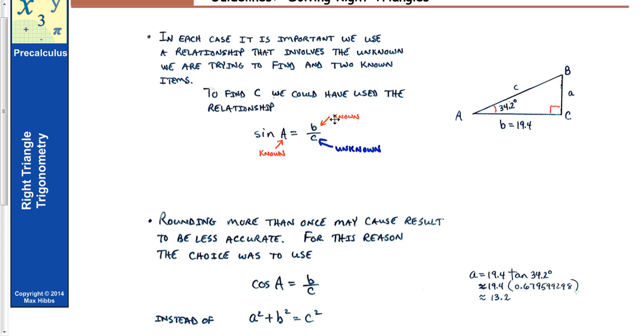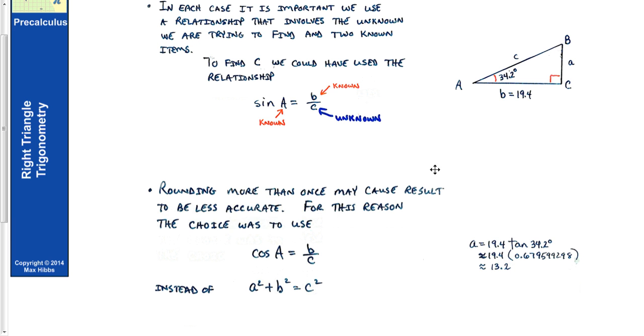And so our preference is to use given information to calculate the unknown information. Otherwise, we're going through an approximation on top of an approximation. The same thing can be said about the fact that we knew side B and we had a value for side A that we calculated, so to find side C, we could have also used A squared plus B squared is equal to C squared.